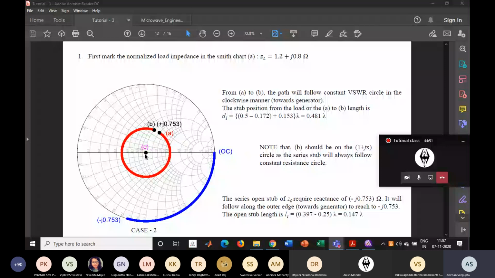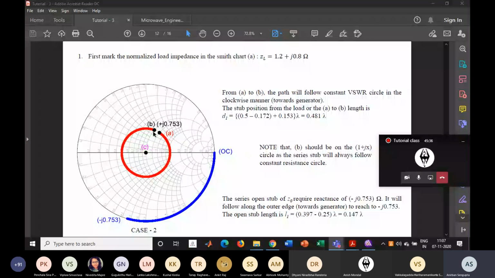Here the equation is 0.5 minus 0.172 plus 0.153, or you can take the values from here also, because this thing will give you 0.25. From here, if you extend it to there, from this point to this point you calculate the value by 0.25 minus this point, and from this point if you connect here, from this point to this point you will get the actual value because this is 0.